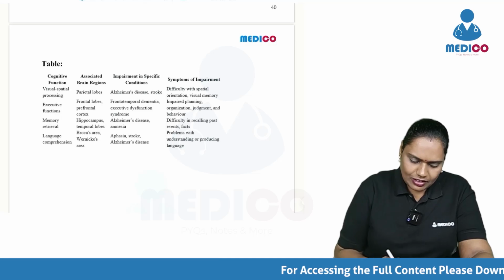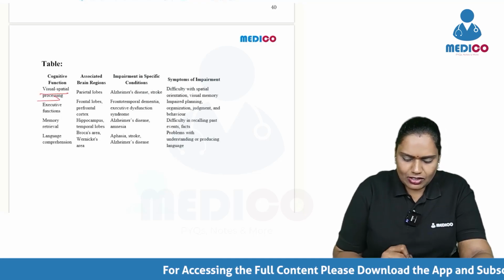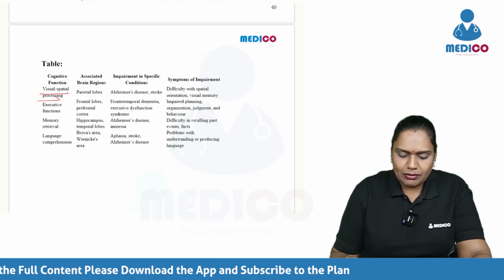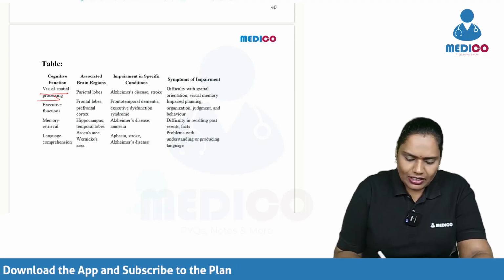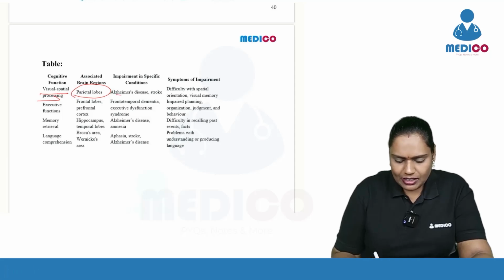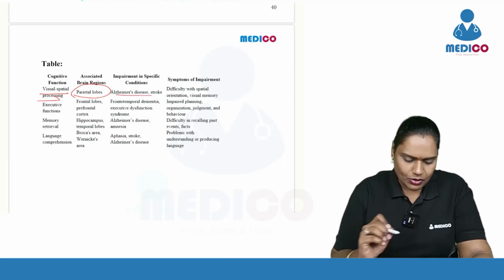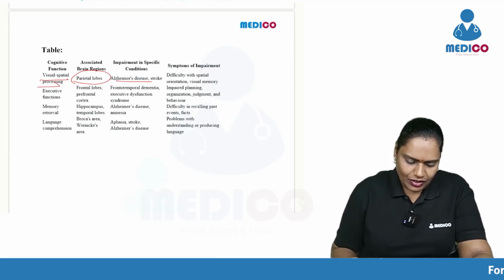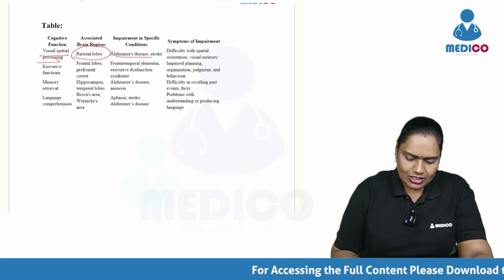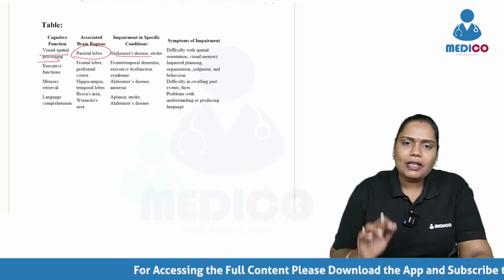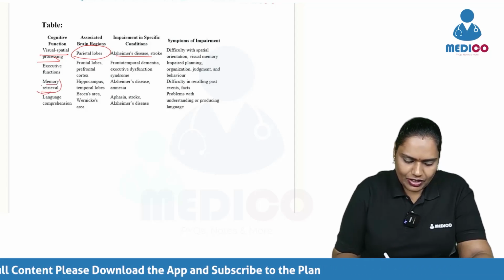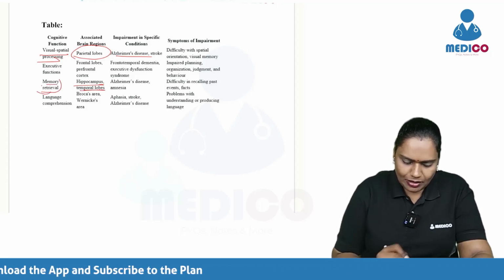Suppose visual spatial processing is lost, how will the patient present to us? They will have difficulty in visual memory and spatial organization, which is mainly the function of the parietal lobe, usually seen in diseases like Alzheimer's disease and stroke. Executive function we already saw is the function of the frontotemporal lobe. Executive functions are lost like planning, judgment, behavior, all these things. What about memory retrieval? Memory retrieval is a function of the hippocampus as well as the temporal lobes.